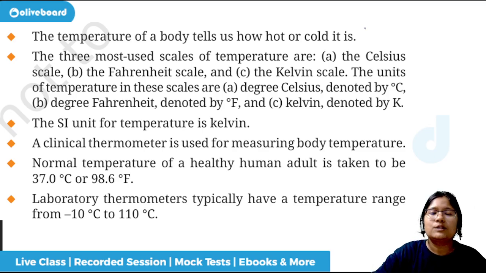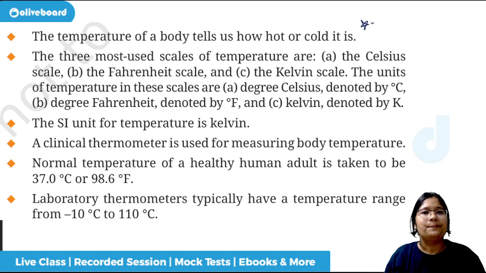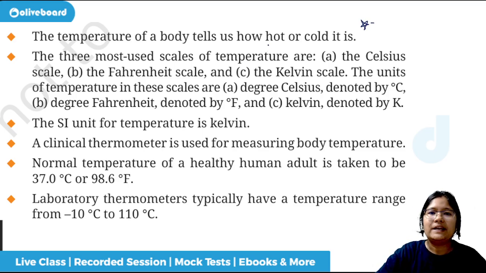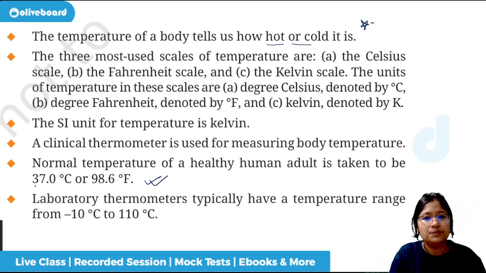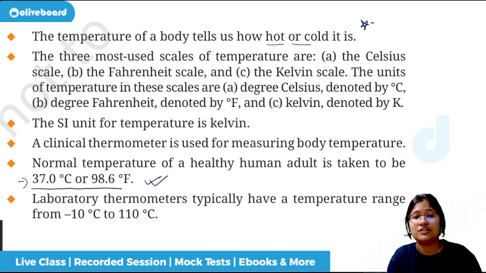Now, let us quickly go through the summary. The temperature of a body tells how hot or cold it is, but it is just based on sensation until we take a thermometer and measure it. A healthy human adult will have a temperature of 37 degrees Celsius, which is 98.6 degrees Fahrenheit.